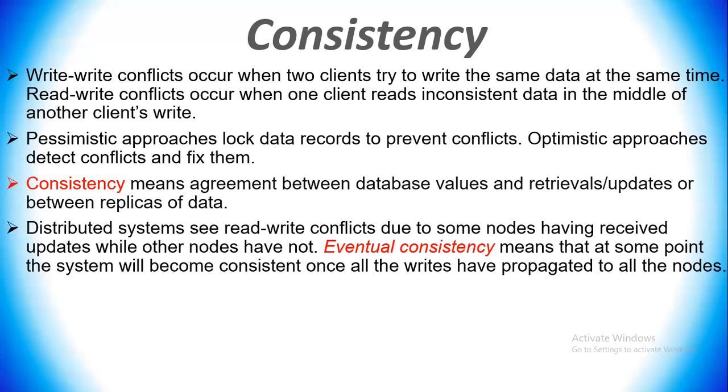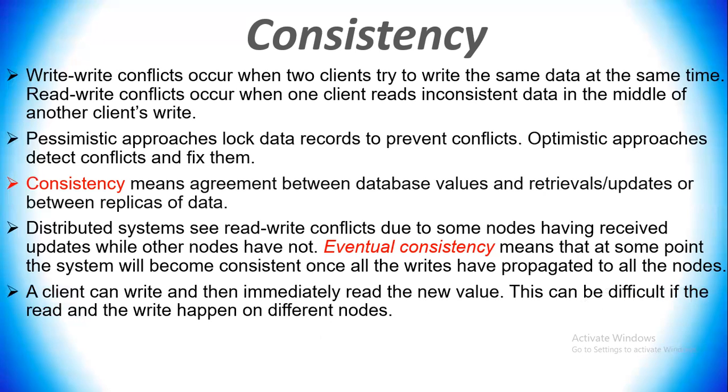So when the replication factor is high, the time taken for eventual consistency will also be high. When the replication factor is low, eventual consistency will be reached in less time. Right? So that is the meaning of eventual consistency.